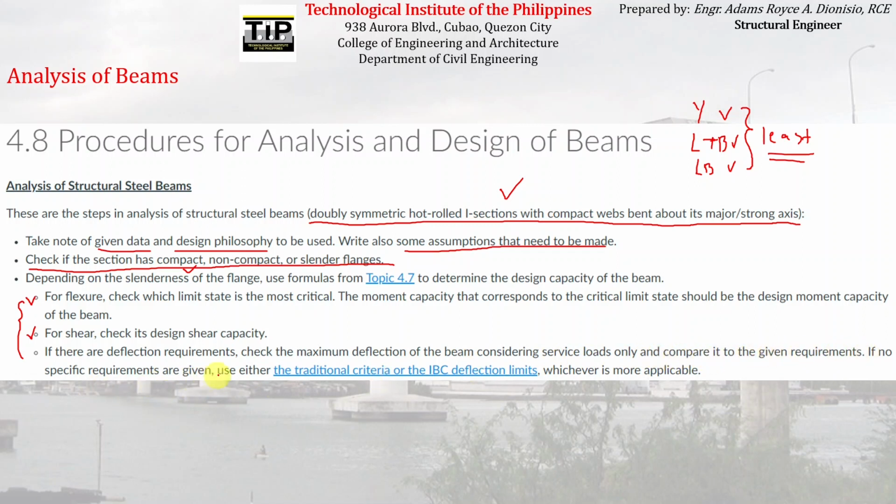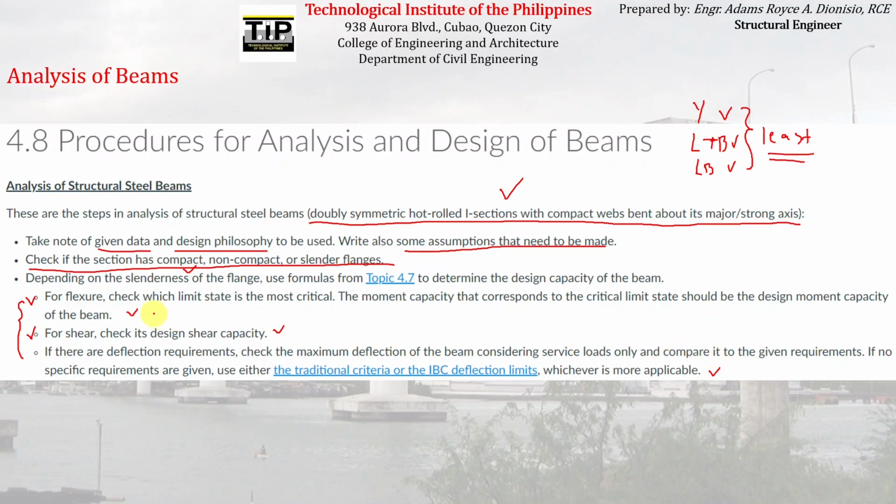If no specific requirements are given, you can use either the traditional criteria that I have shown a while ago, as well as the IPC deflection limits, whichever is more applicable. So you have to check the flexure capacity, the shear capacity, as well as the deflection limits of the steel beam that you are analyzing.